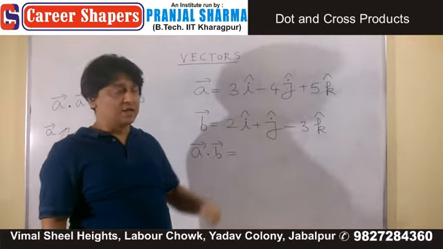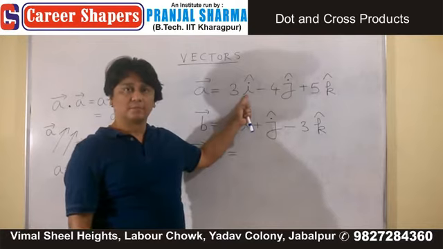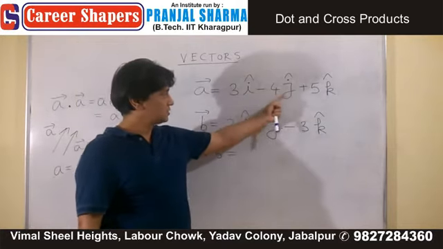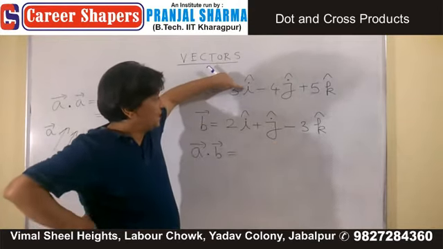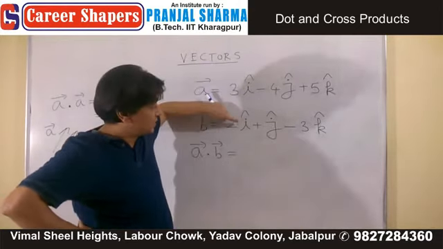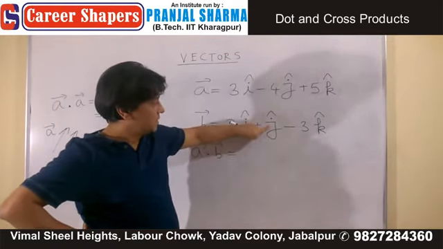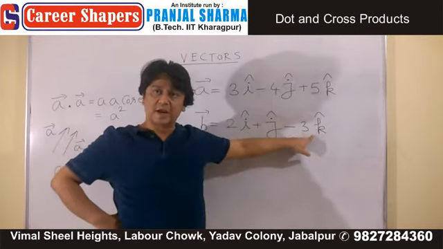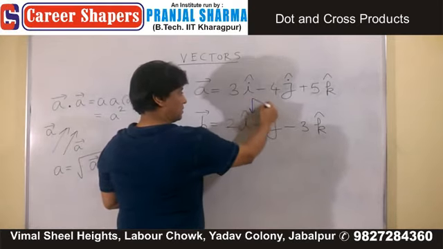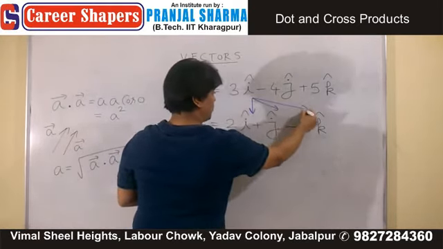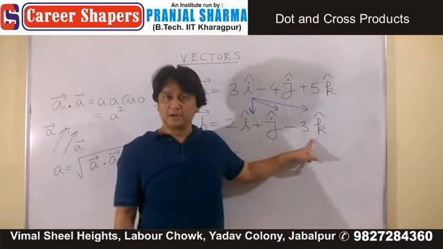How do you handle something like this? This is i. When you are multiplying this with this, what is going to happen? You will multiply i with this i, i with this j, i with this k. So whenever you go for multiplication, you will be multiplying this thing with these numbers.